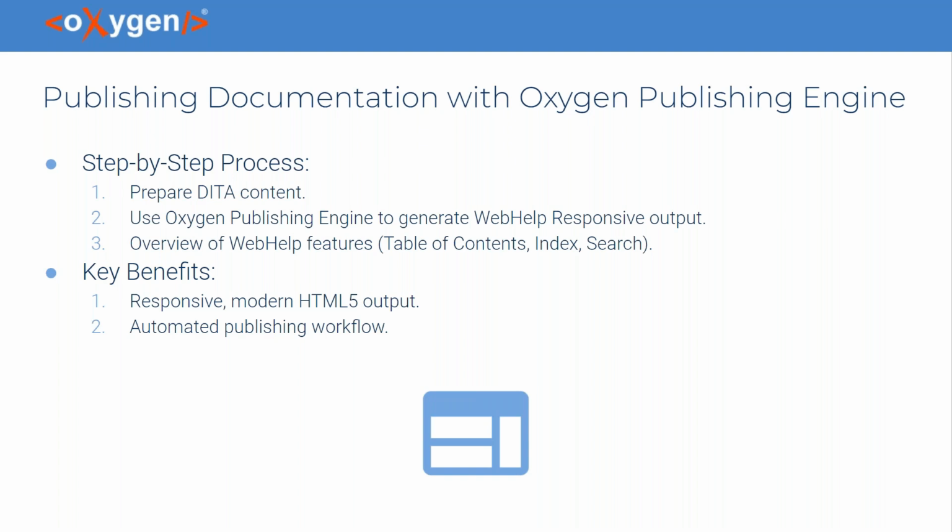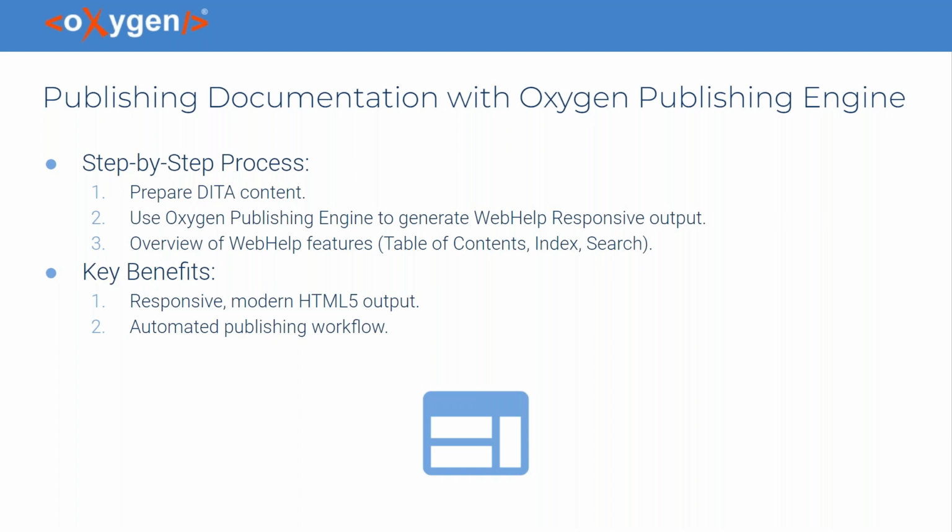WebHelp responsive is an HTML5 output, making it easy to navigate, search, and access your documentation across devices. So instead of running a transformation, which is a long process, let's take a closer look at the WebHelp responsive output and explore its main features. We publish the user guides for all our products in web responsive format.